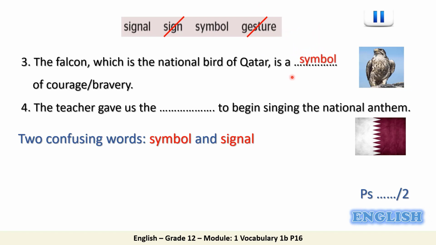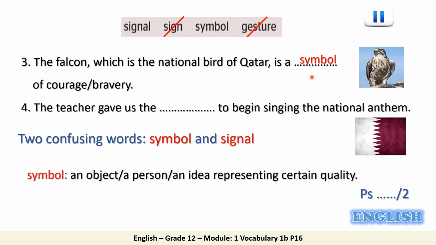Excellent. It's a symbol. The falcon is a symbol of courage or bravery. And how about the meaning of the word symbol? Symbol is an object or a person or an idea representing a certain quality. So the falcon represents the quality of courage.